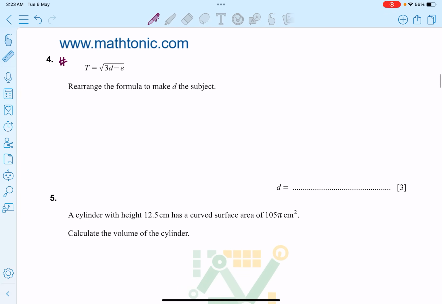Okay, the next question is about rearrangement. We can write t equals the square root of 3d minus e. The question is: make d the subject. That means I have to remove the square root, so take the square of both sides. That means the square root will be removed, right? Now rearrange it.